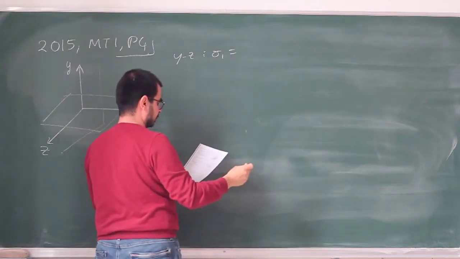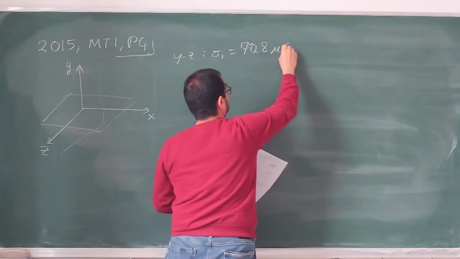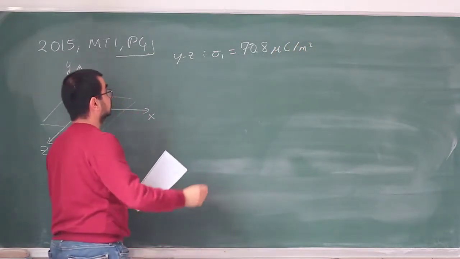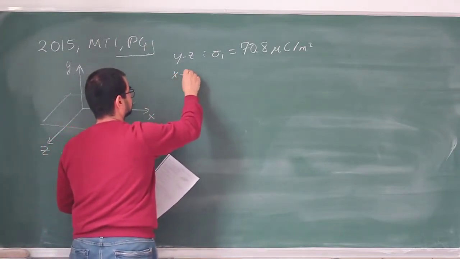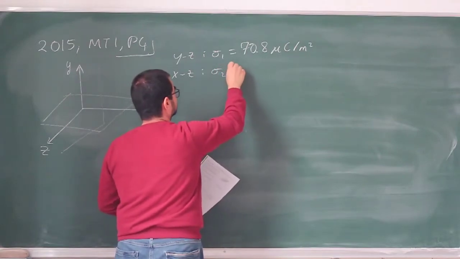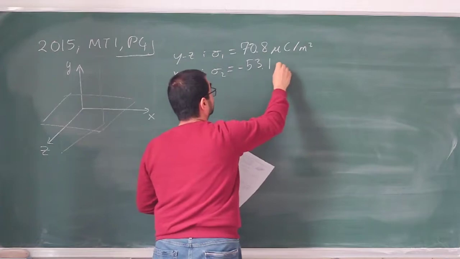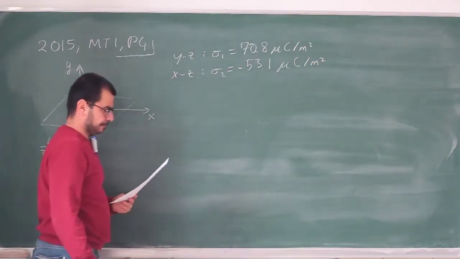It has a surface charge density of 70.8 microcoulombs per meter squared. And the one in the XZ plane is sigma 2, which is minus 53.1 microcoulombs per square meter.